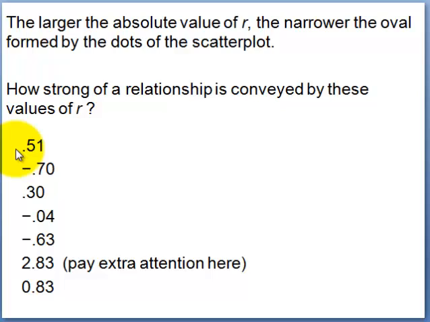So if you see an r of 0.51, that's clearly a positive relationship, and that's a strong positive relationship. We were just talking about a correlation of minus 0.70. That's a strong negative correlation, which is to say it conveys a strong negative relationship between two variables.